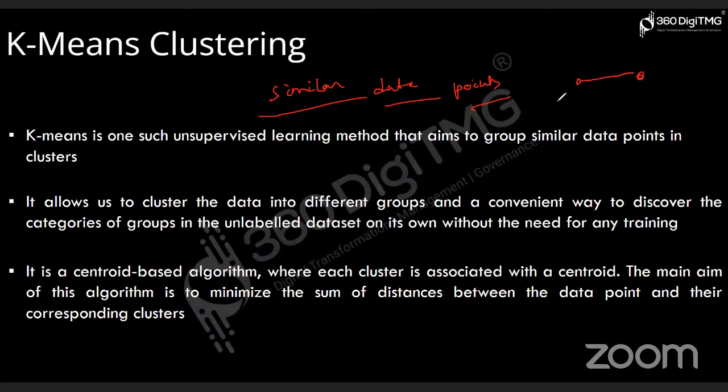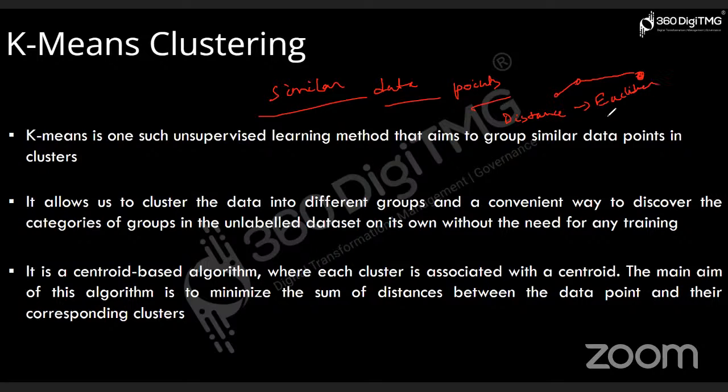Suppose we are having here 1 point, here 1 point, here 1 point. So what we will do? We will measure the distance between these 2. Now this distance we can measure using various formulas. This distance can be measured using Euclidean distance.